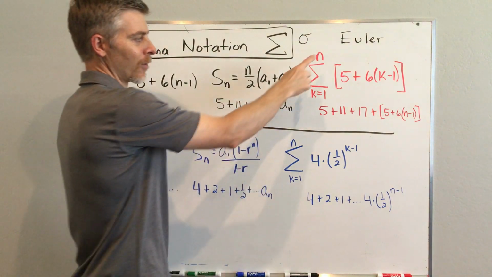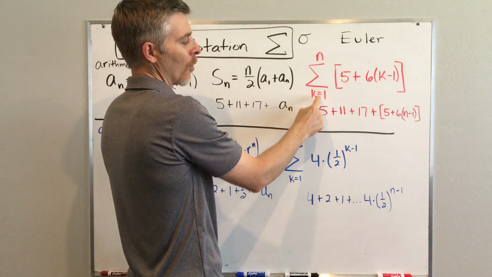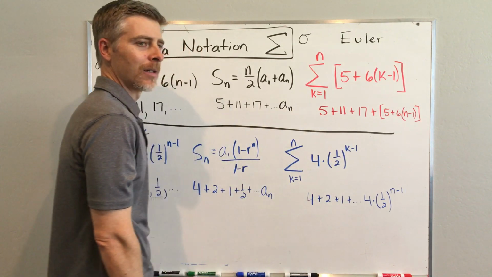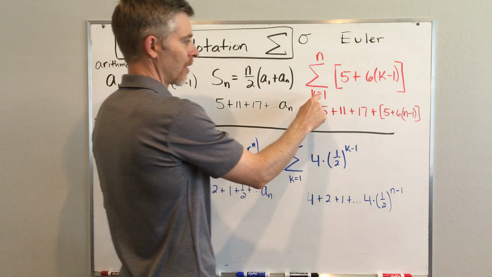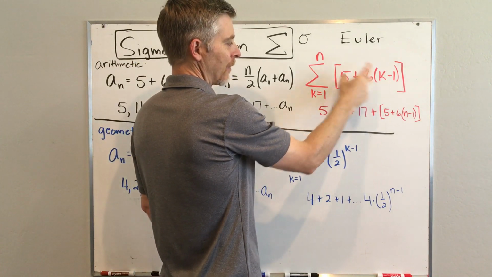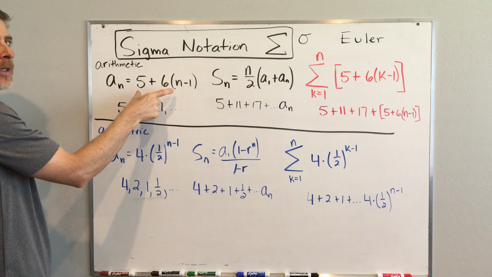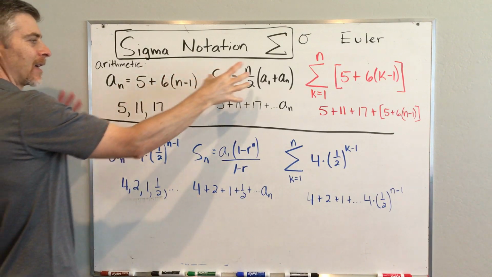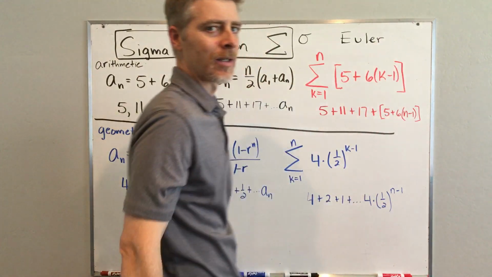Here's how it works. You make the sigma sign, then at the bottom of the sigma, you say where the sequence starts. Notice what is after the sigma is the a sub n formula. So you're taking the two formulas and combining them together into sigma notation.